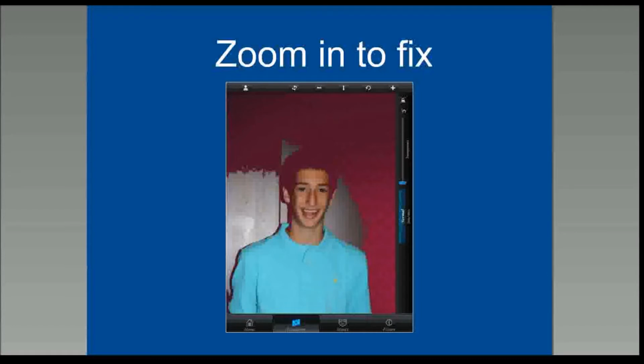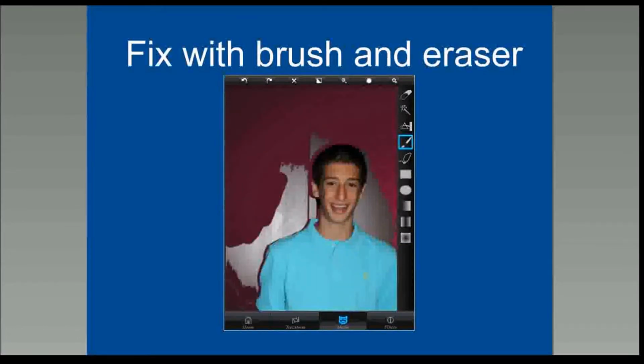So you can see at the bottom of the screen, there's essentially 4 different areas. And this is the transform area where you can move the photo around and in this case, make it larger so it's easier to work with. Then you go to the mask area and you fix the photo using the brush and the eraser.